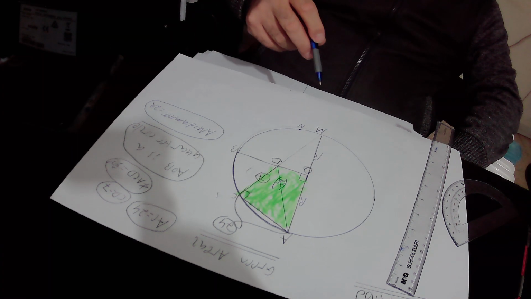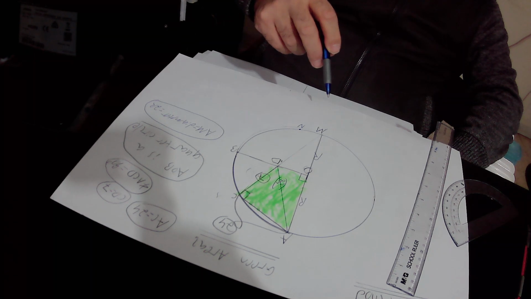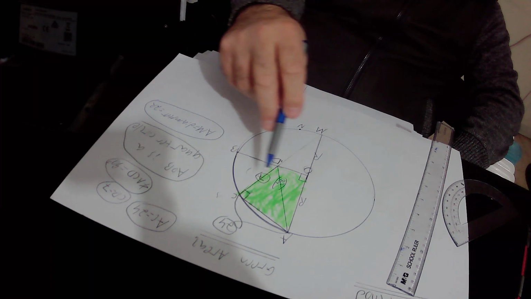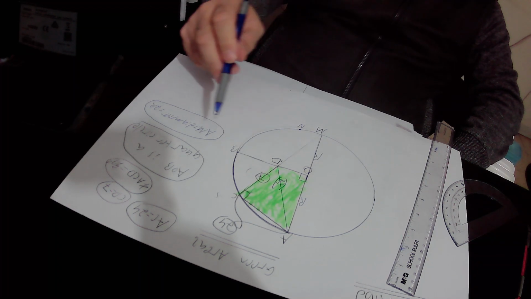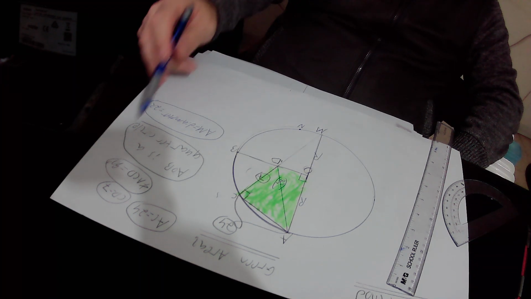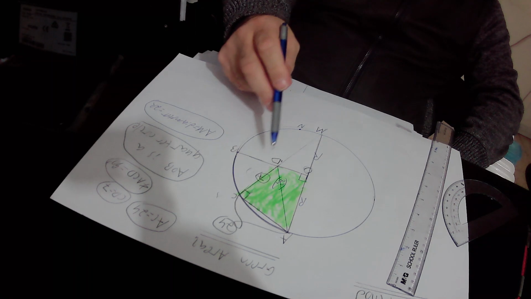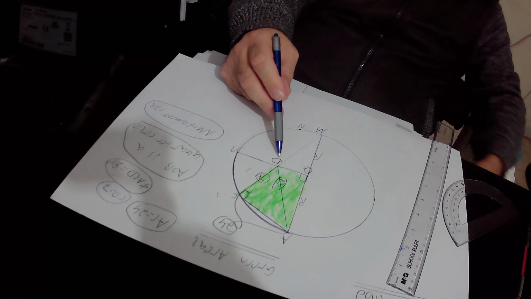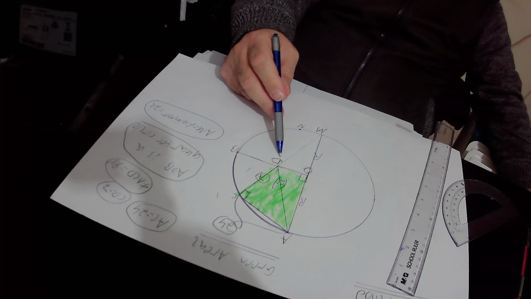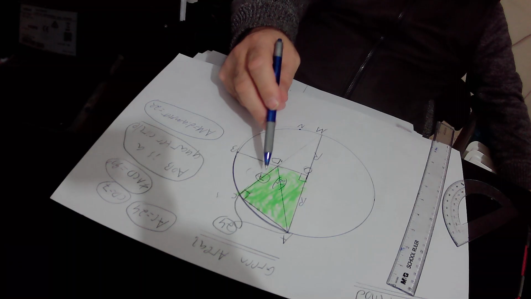Anyway, we know that peripheral angle ACN must be equal to 90 degrees because angle ACD equals 90 degrees. We just extended side CD by a straight line. When you extend one leg of the angle by a straight line, you don't change the size of the angle.